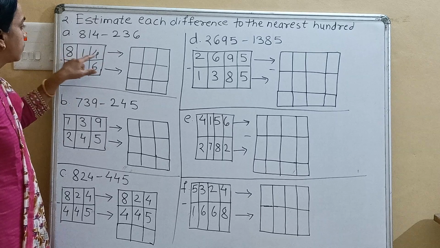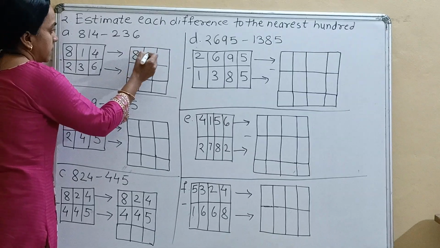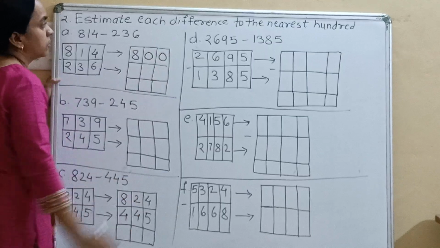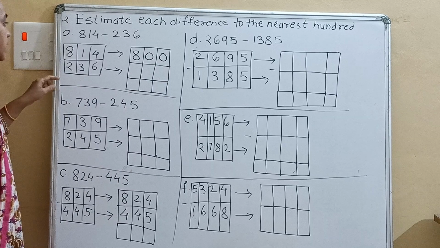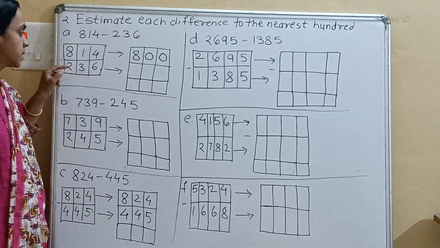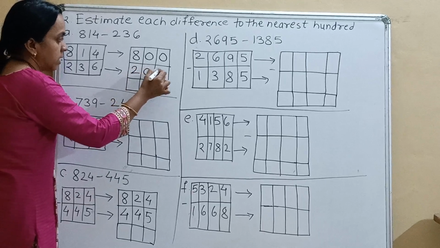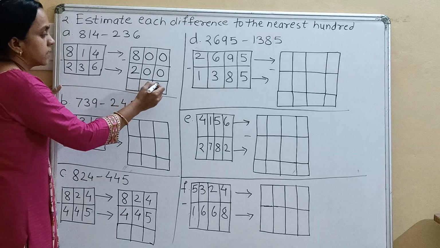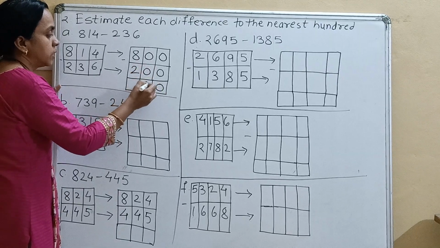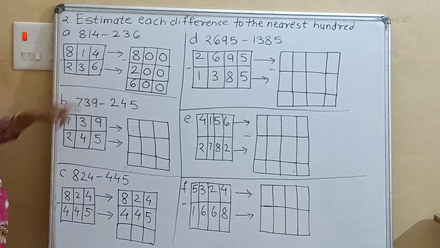So 814, we have to write down as 800, because we have to estimate to the nearest 100, and 236 is very much closer to 200. So you write down here 200. 800 minus 200. 0 minus 0, 0, 0 minus 0, 0, 8 minus 2, 6. What is our answer? 600.